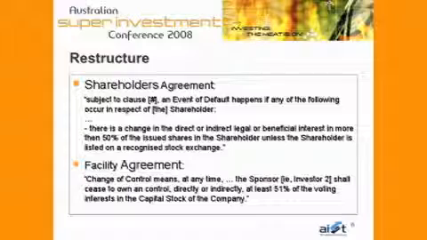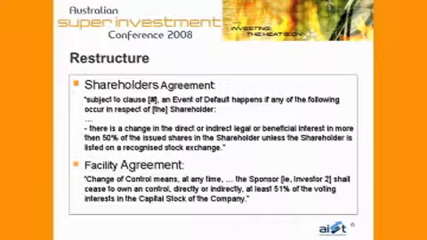And the shareholders' agreement relevantly reads, an event of default happens if any of the following occur in respect of the shareholder. Okay, so the shareholder in this case, just to remind you, is holdco 1.